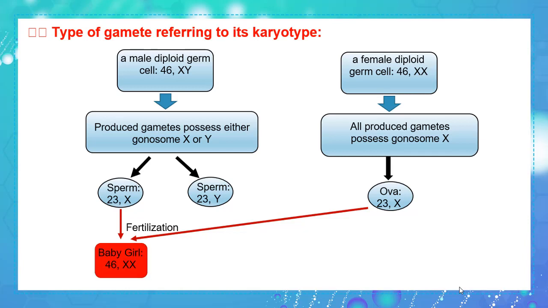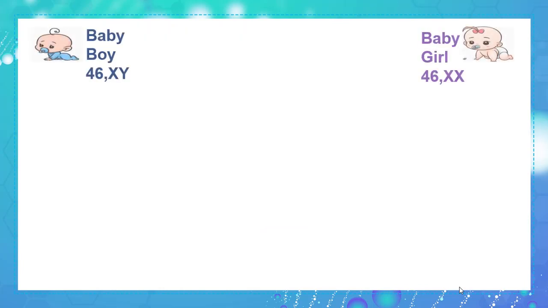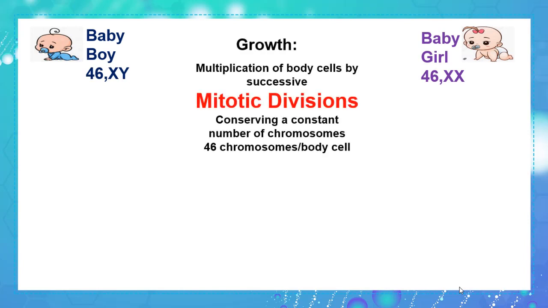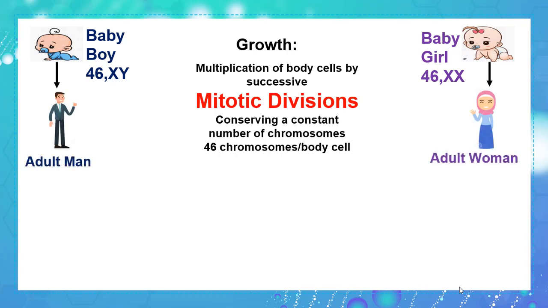A baby girl will be obtained if the sperm containing X fertilizes the ovum containing X, while a baby boy is obtained when a sperm containing Y fertilizes the ovum containing X. A baby girl will have the chromosomal formula 46 including XX, while the baby boy will have the formula 46 including XY.